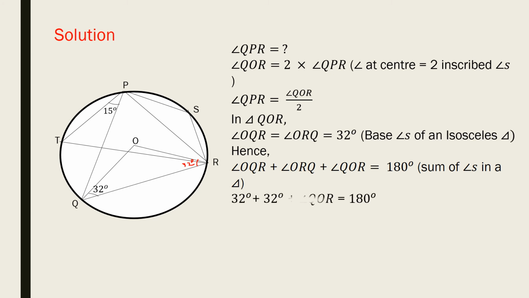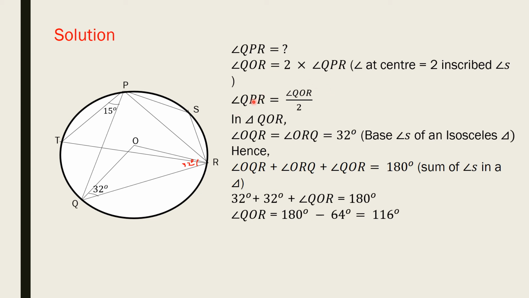We have 32 degrees plus 32 degrees plus angle QOR equal to 180 degrees. Make angle QOR the subject, and you have 180 degrees minus 64 degrees, which gives us 116 degrees.